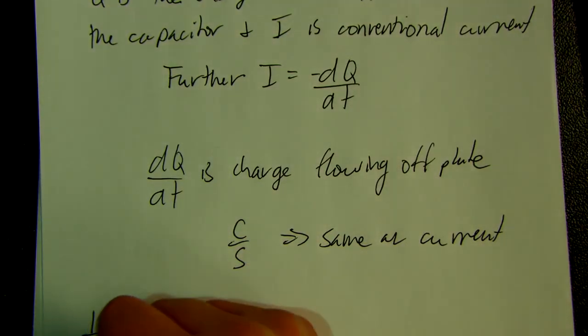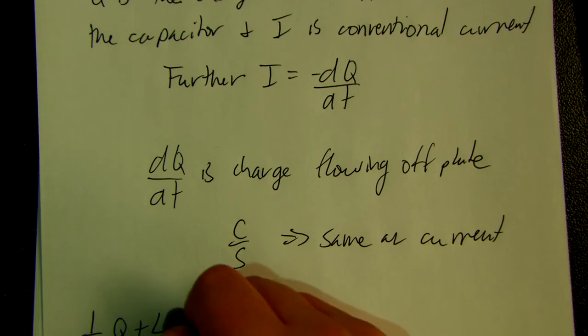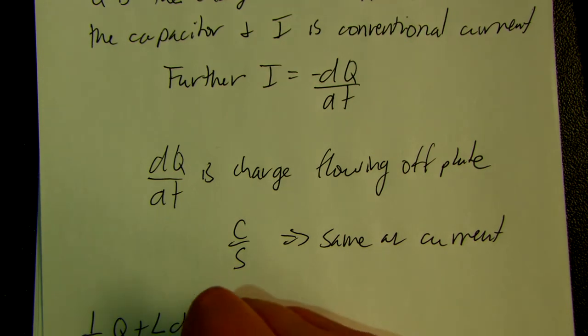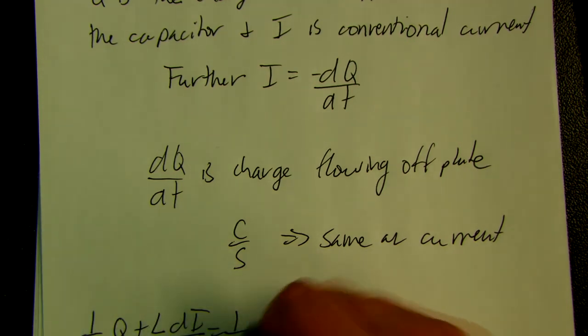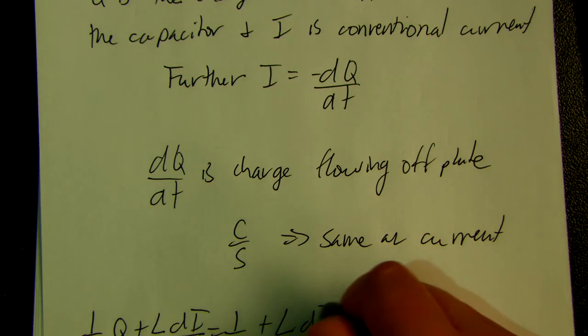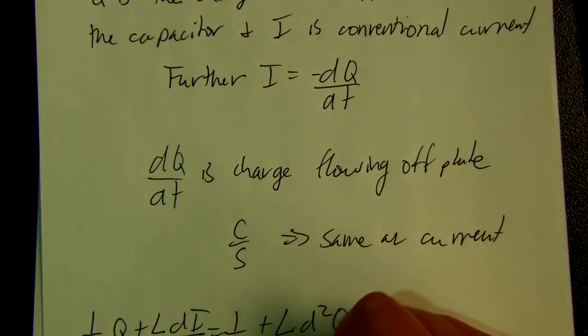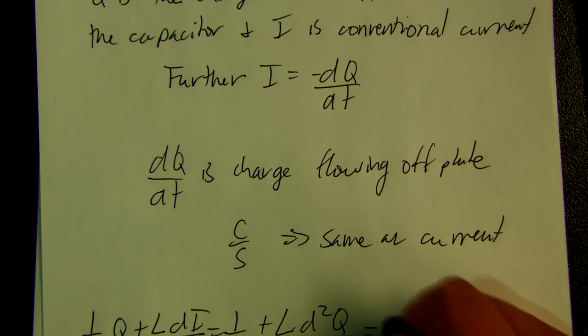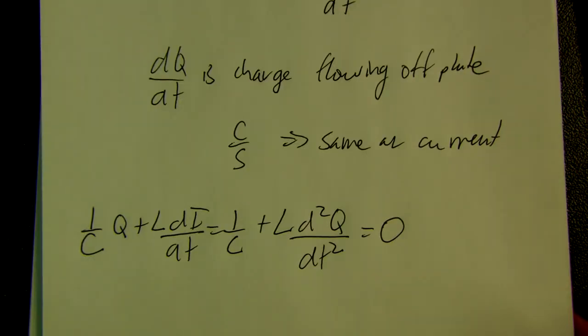And so (1/C)Q plus L di/dt becomes (1/C)Q plus L d squared Q over dt squared. So you have the double derivative of Q with respect to time is equal to 0.